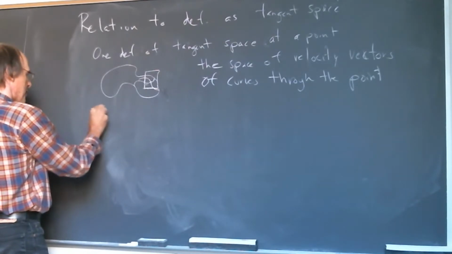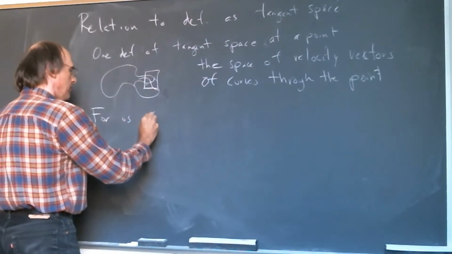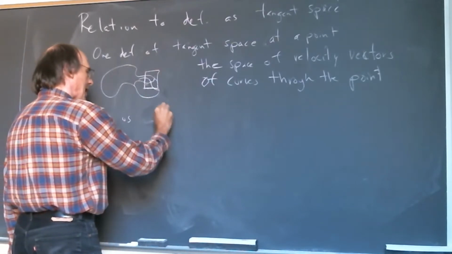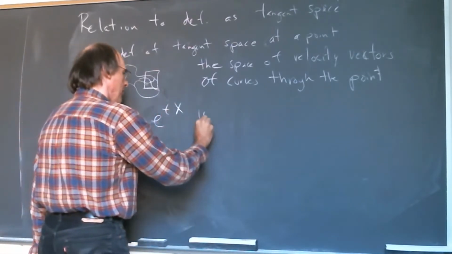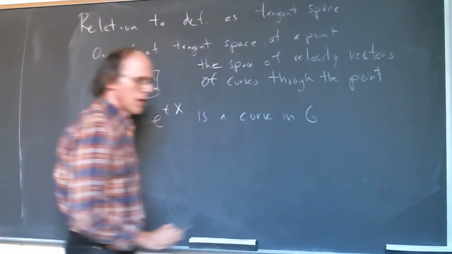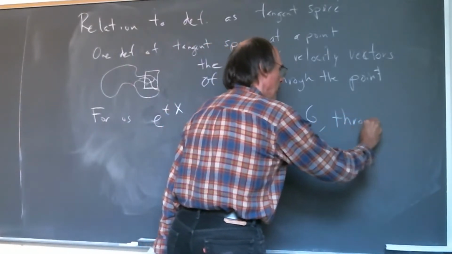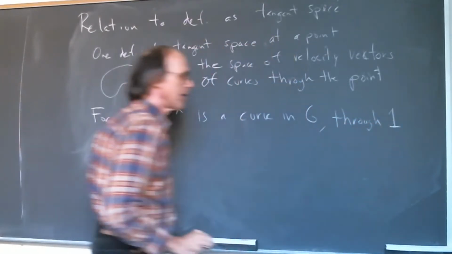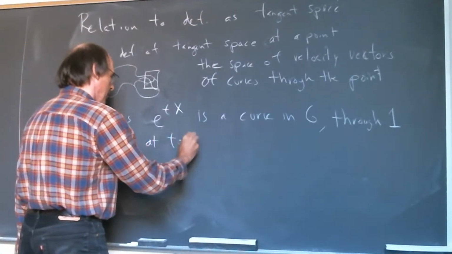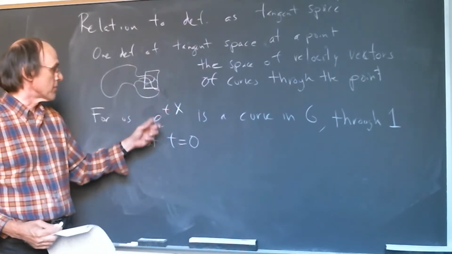For us, e to the tX is a curve in G that goes through the identity point at t equals 0. If you put 0 in here, you just get e to the 0 is 1.